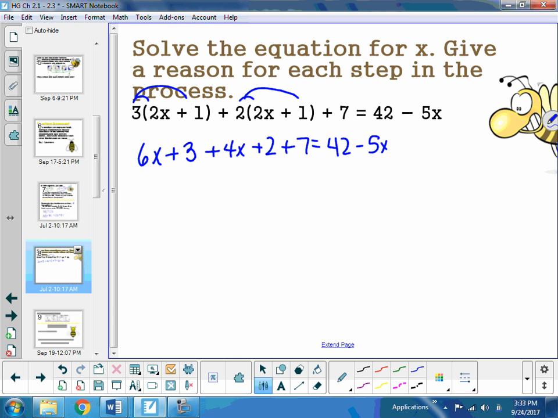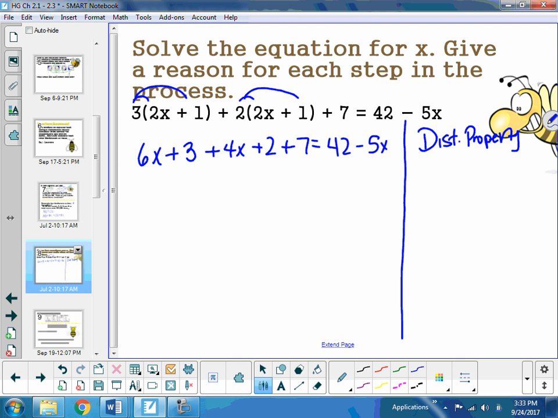All right, so what allowed me to do that? What property allowed me to get 3 times everything in that parenthesis and 2 times everything in that other parenthesis? Well, that was the distributive property. Now let's think about our next step.